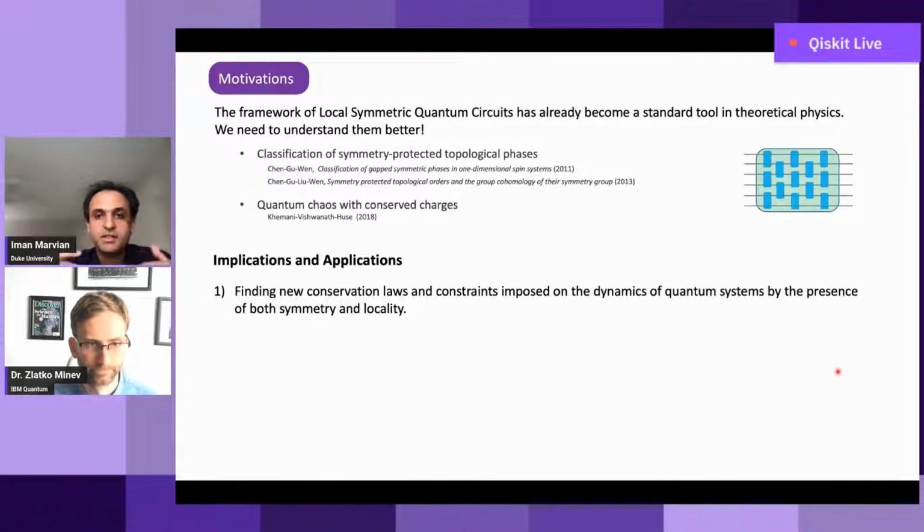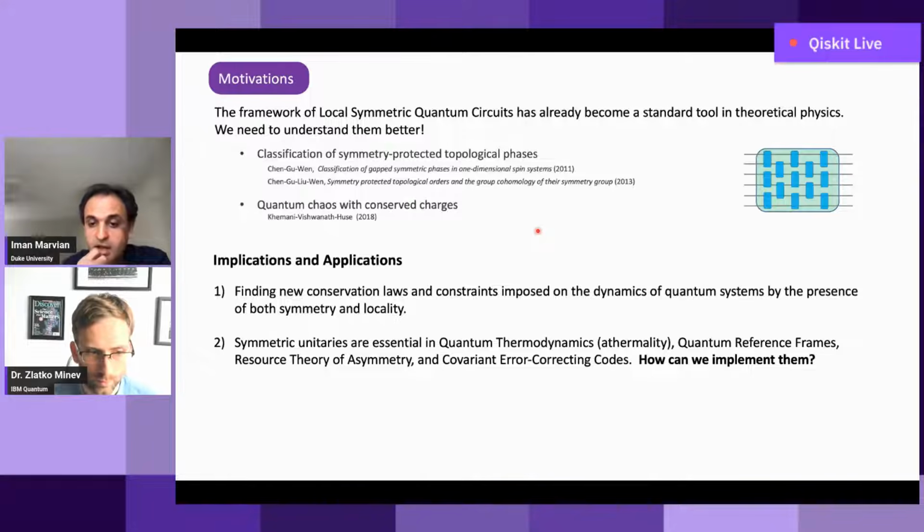We know that symmetry itself imposes some conservation laws. For example, rotational symmetry implies conservation of angular momentum. But now the question is, if you know that in addition to the symmetry, rotational symmetry for example, you also have locality of interactions, do these two properties together imply any additional conservation laws or not? So this is one sort of question that you can answer: finding new conservation laws that hold in the presence of both symmetry and locality.